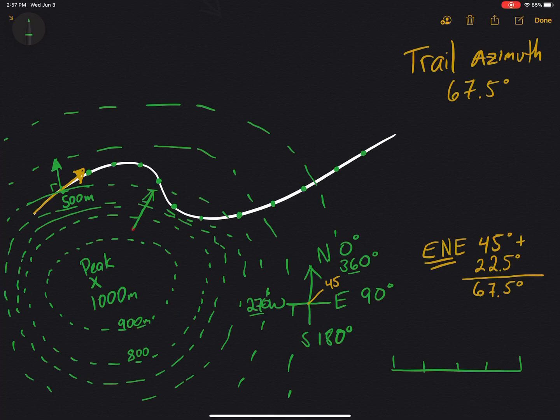So northwest is 315 degrees. So that's 270 west plus another 45, halfway back towards north.